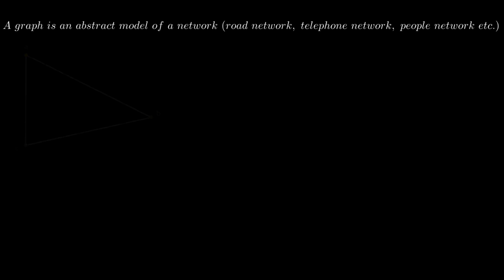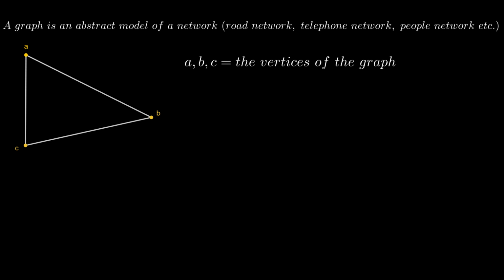Let's first look at a simple graph, the graph below. Points A, B, and C are called the vertices of the graph. The lines between these points are called the edges of the graph. So the vertices of a graph are the objects being studied, whether a person, a town, etc. And the edges are the connections between the vertices, the relationships.